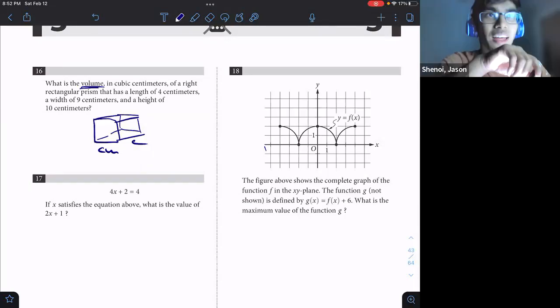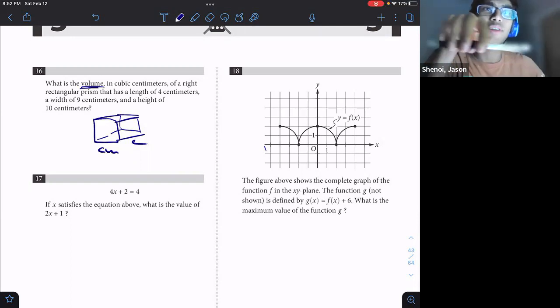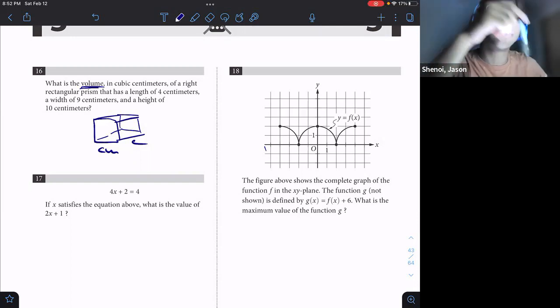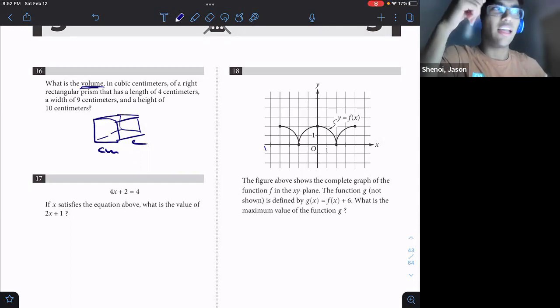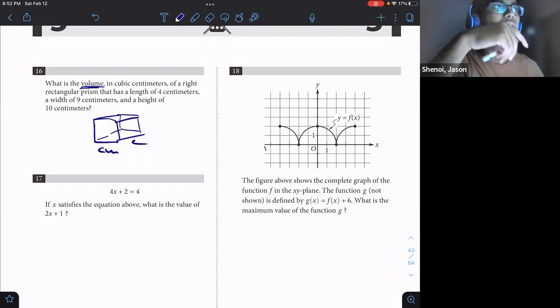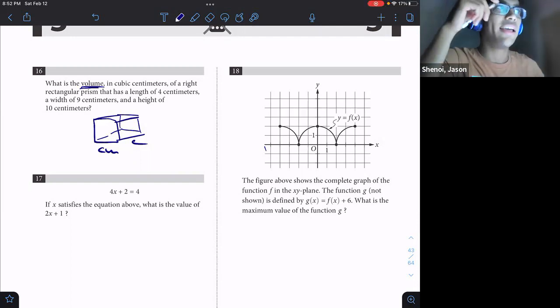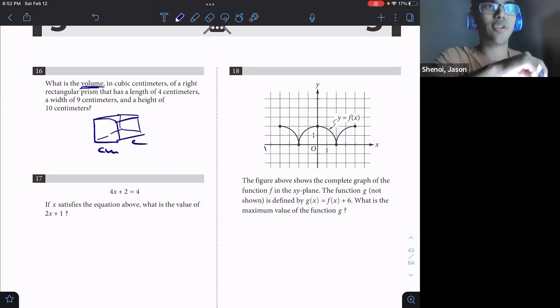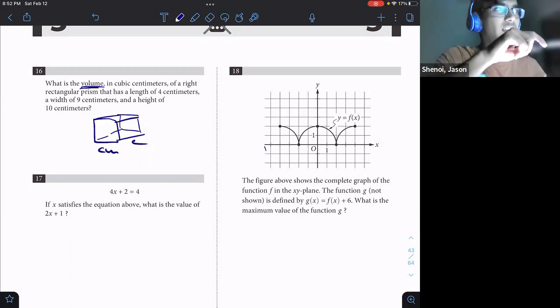What I want you to do is think about it in terms of Korean. They give you numbers. Numbers are universal: 4, 9, and 10. Length, width, and height. It's asking for the volume. They gave you three numbers.